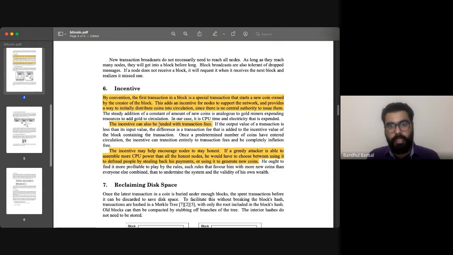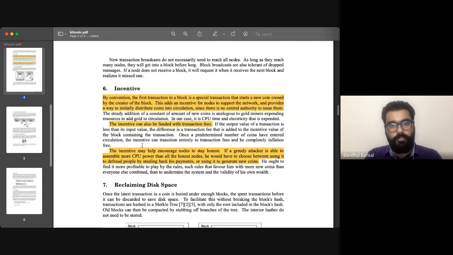At that time, the transaction fees should be so high as to incentivize the miner itself. So this was the assumption that was being made. Currently, the transaction fees are definitely enough to incentivize the miners, right?